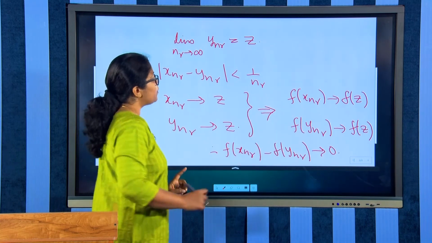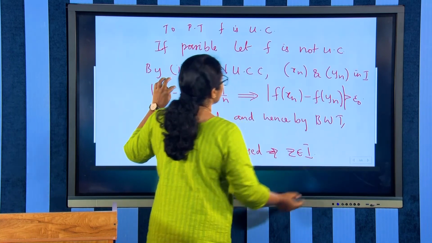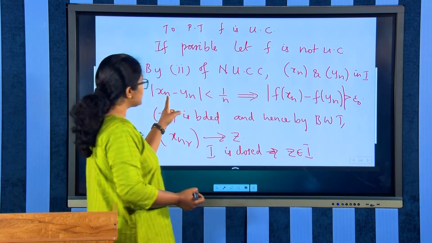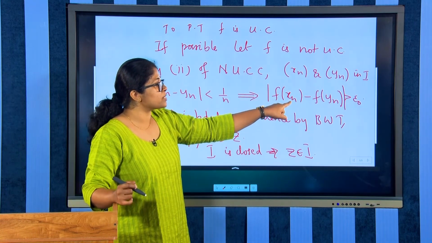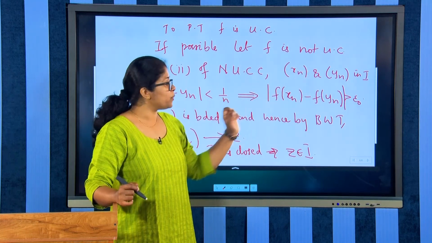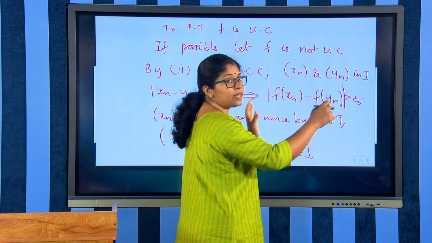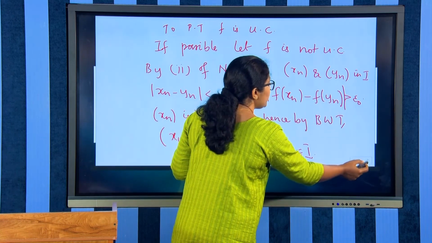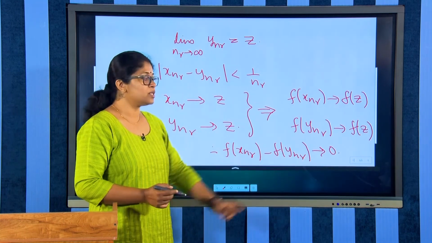But our previous assumption was that modulus of xn minus yn less than 1 by n forces modulus of f of xn minus f of yn to be greater than epsilon naught. So we have f of xnr minus f of ynr greater than epsilon naught, but now we have seen that it is actually converging to 0.